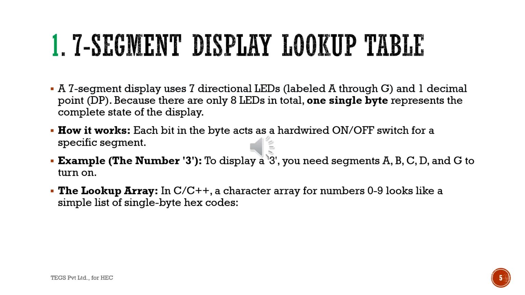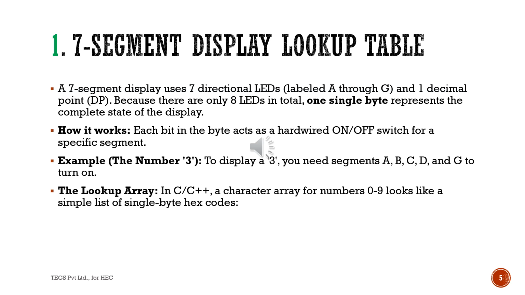The working: each bit in the byte acts as a hardwired on-off switch for a specific segment. Example, the number 3. To display a number 3, you need segments A, B, C, D and G to turn on.